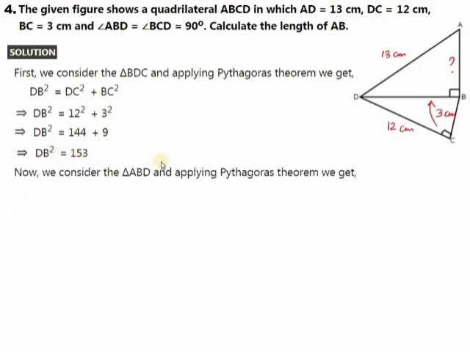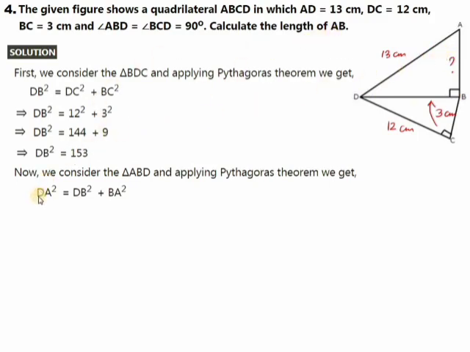Now we'll consider triangle ABD. In this case, this is 90 degrees, so the side opposite to this, that is side AD, acts like the hypotenuse. So your Pythagoras theorem for this triangle becomes AD square is equal to DB square plus BA square. Remember, you are asked to find the length of AB.